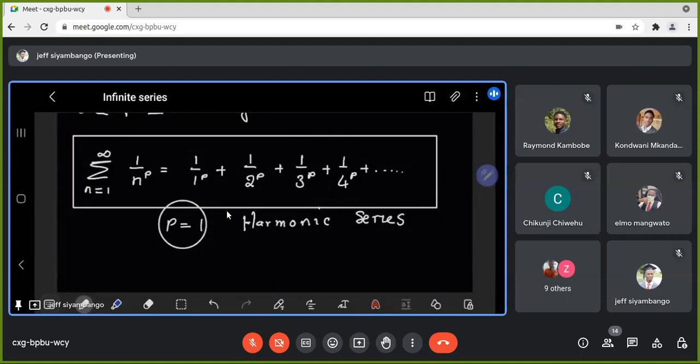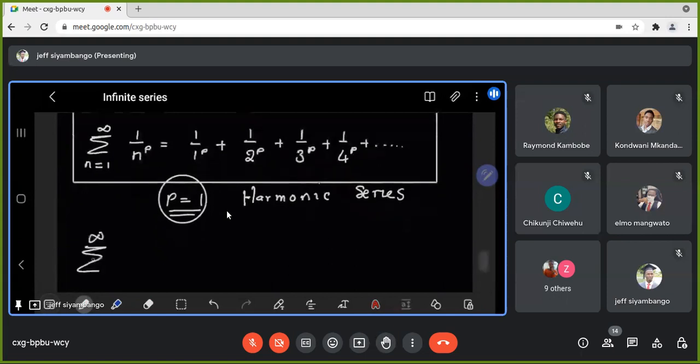But if P was equal to 1, if you had an expression where P is equal to 1, meaning you're dealing with the sum from n equals 1 of 1 over n, meaning it's n to the power 1. If you had such a case, how would the sequence look like?